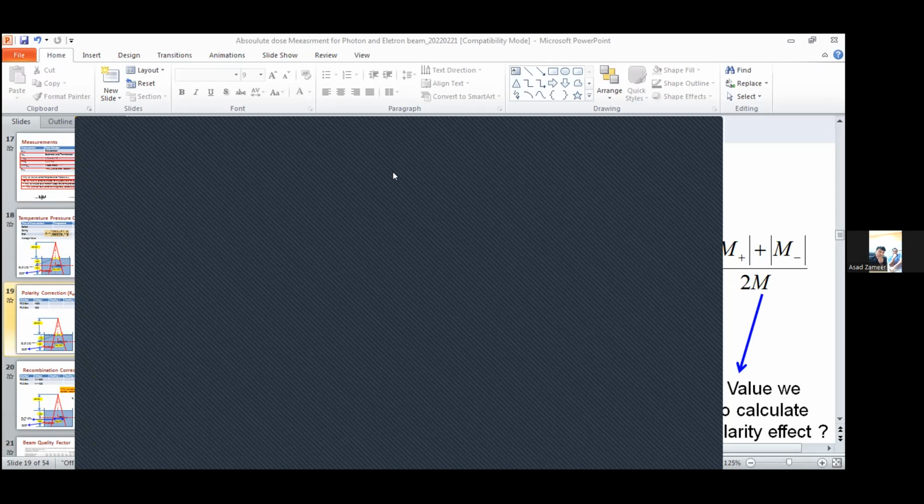Is that right? No, this is for low energies only, less than 300 keV, because the chambers are so sensitive, and it's not easy to measure actually. For high energies, you should be correcting for it.